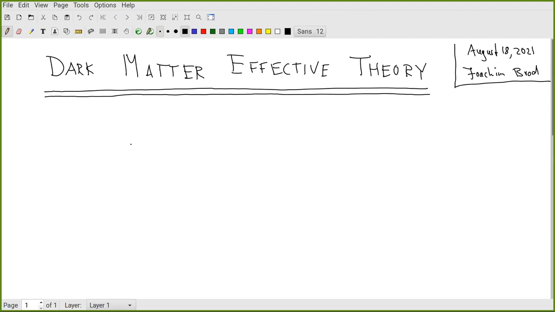So what we did as a strategy instead is we looked at the symmetries of QCD. We have Lorentz symmetry, we have the QCD gauge symmetry, and we have the chiral symmetry, and we have parity, baryon number conservation, and so on.